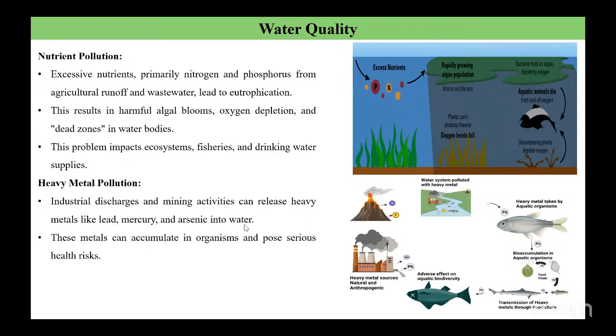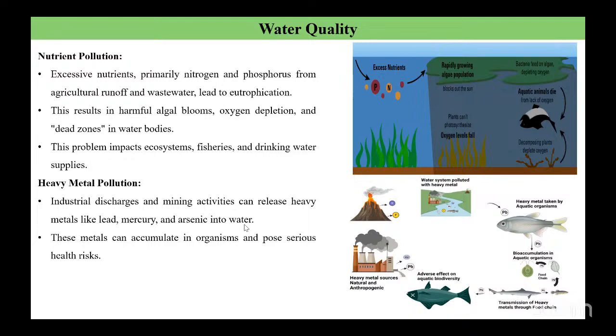When more nutrients get drained into the water bodies, they form harmful algal blooms. The excessive nutrients, primarily nitrogen, phosphorus and potassium, from agricultural runoff and wastewater lead to eutrophication.